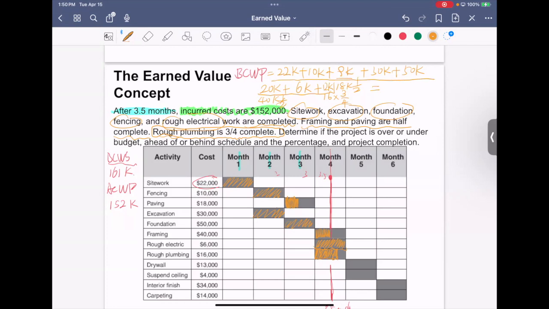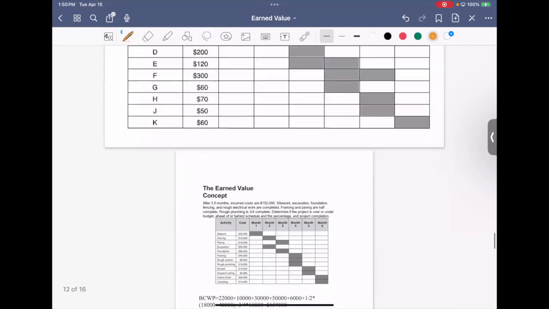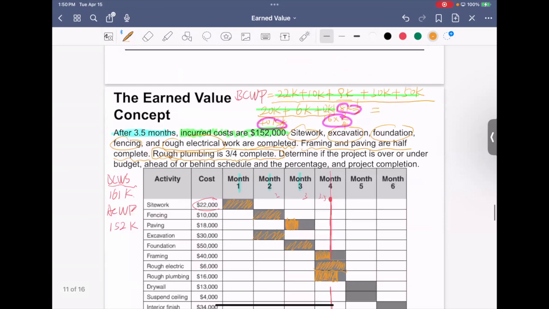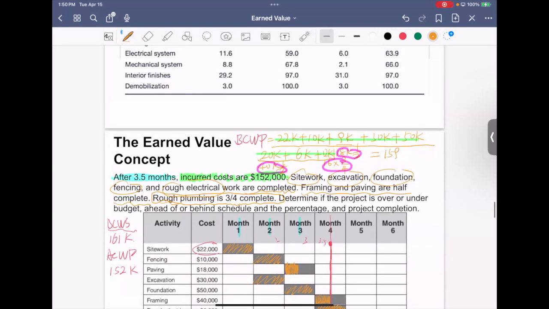So you have those and those. And this is equal to how much? And I have those for the explanation. So this is equal to how much? We can check the result here. That is equal to 159, 159K.